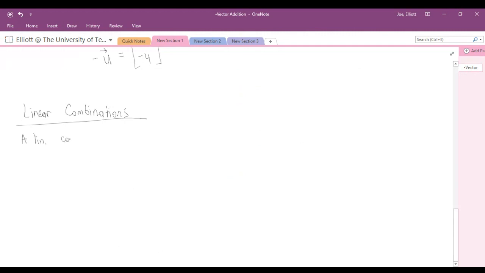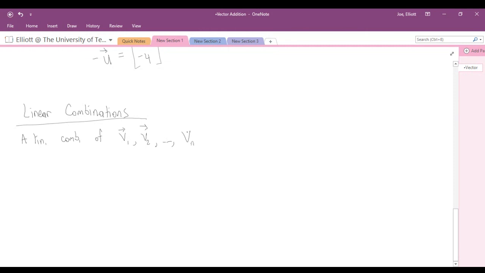So a linear combination of vectors, let's say v1, v2. Let's say you have some number of vectors. Let's do vn.